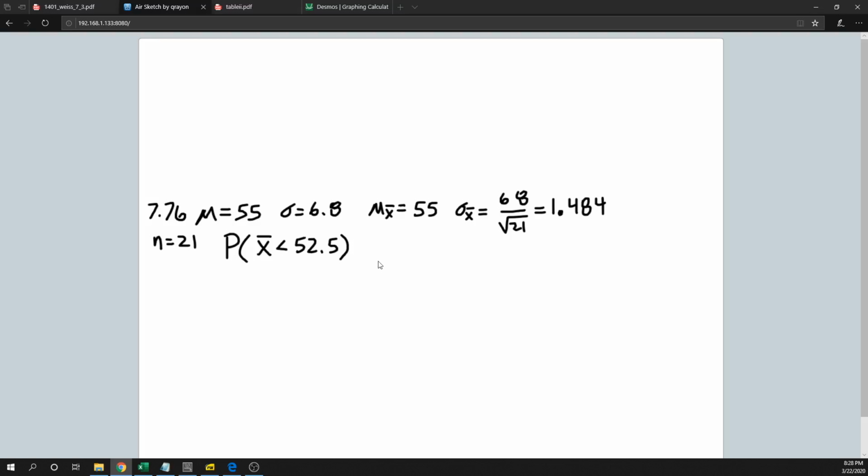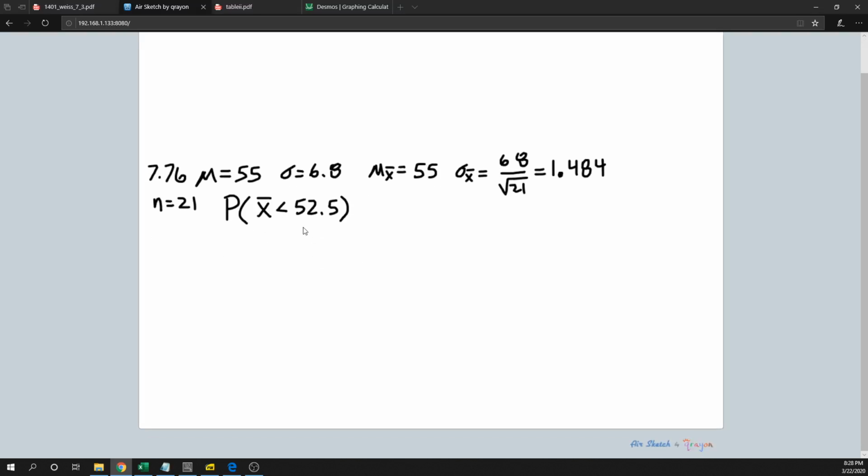Okay. All right, and so now that we have that sampling distribution of the sample mean, we can calculate this probability. So I'm going to draw what that looks like. Okay, so we know that the mean is right here at the hump at 55.